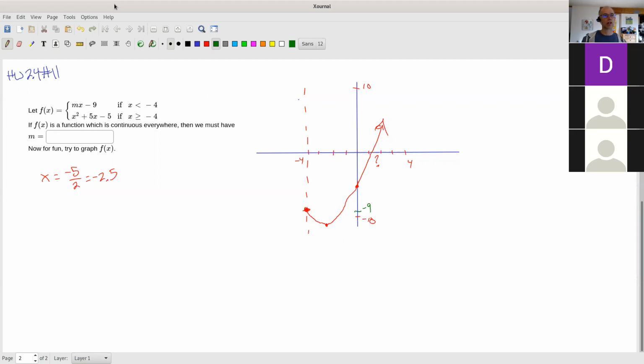Interesting. So it looks like from my picture that I want this line right here to go through that point, which would be the line y equals -9. So the slope should be 0 according to my picture, if my picture's right. And then I don't really want to graph this part of it right there. I should erase that.